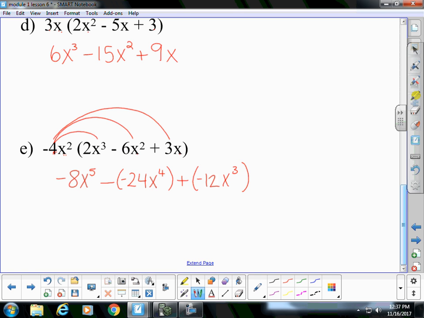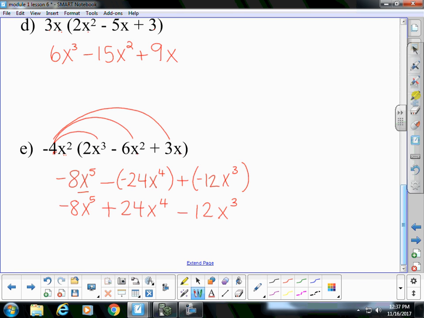Okay, the last thing I'm going to do is clean this up a little bit. So I'm bringing down the negative x to the fifth. But this minus a negative turns to plus. And this plus a negative turns to minus. It's kind of like multiplication rules. 2 negatives is a positive, and a positive and a negative is a negative.